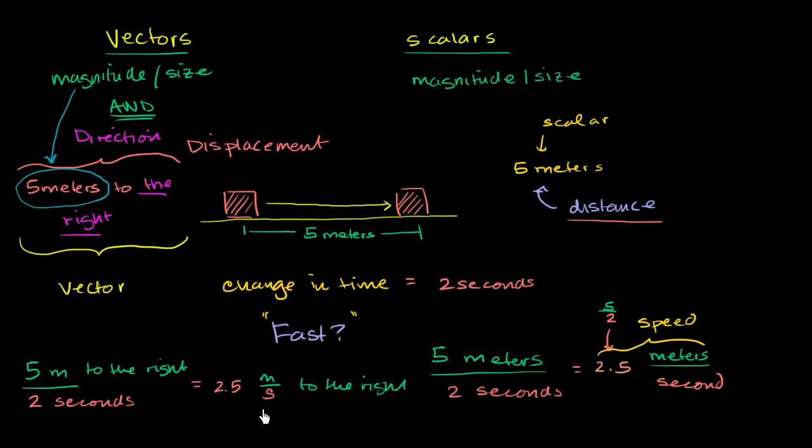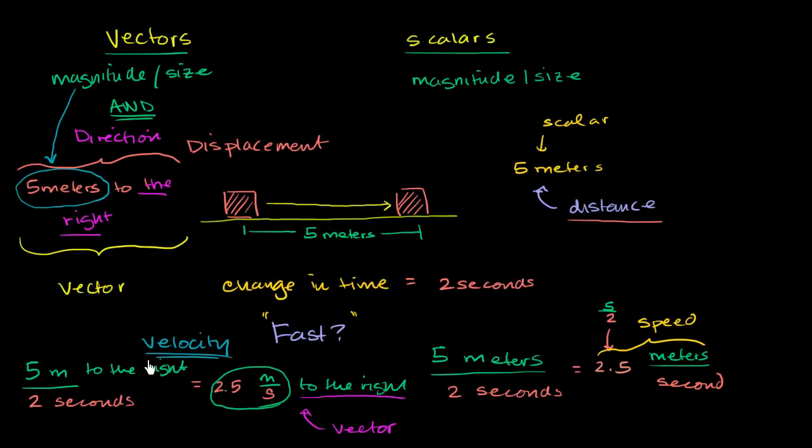So is this a vector or a scalar quantity? I'm telling you the magnitude of the speed, 2.5 meters per second, and I'm also telling you the direction, to the right. So this is a vector quantity. When you specify both the speed and the direction, you are talking about velocity.